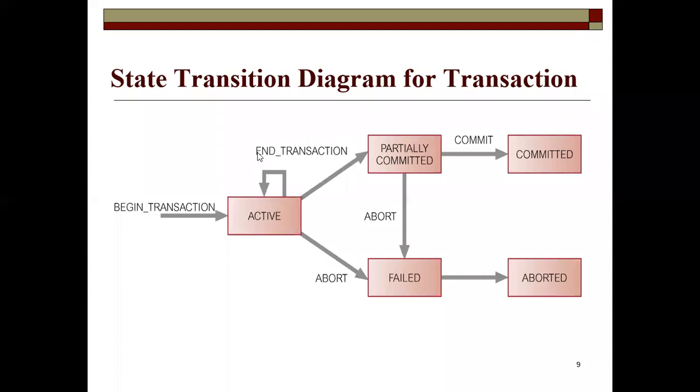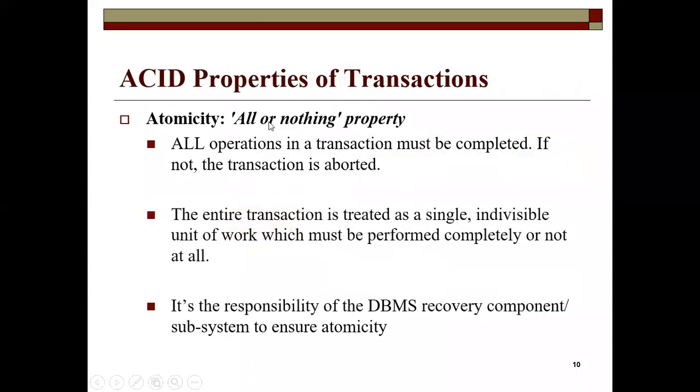So I'd like us to look at the properties of transactions, and these are usually represented with the acronym ACID. So the ACID properties of transaction, the A stands for atomicity. And when we look at atomicity, it is known as the all or nothing property. This we have highlighted before.